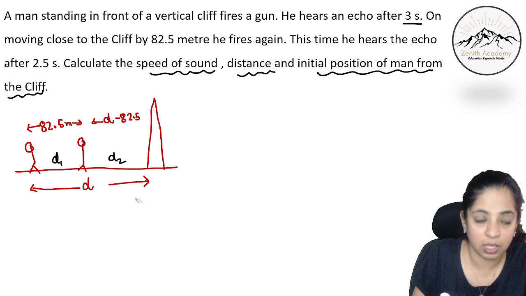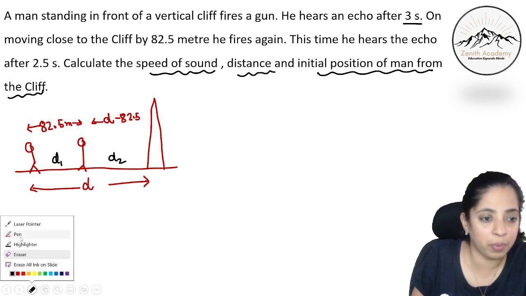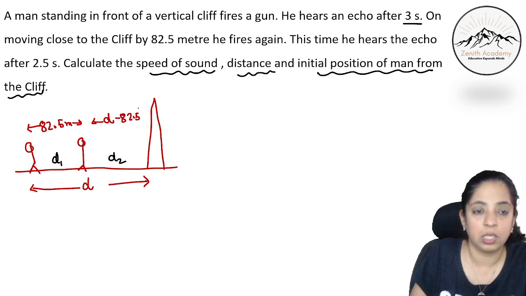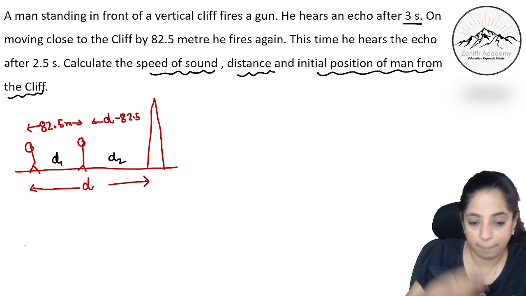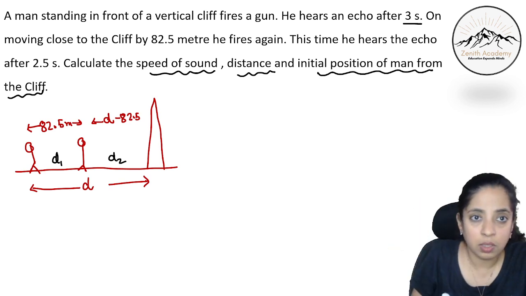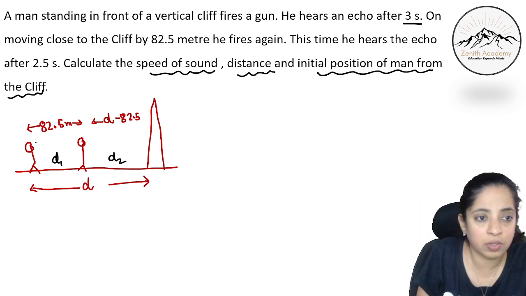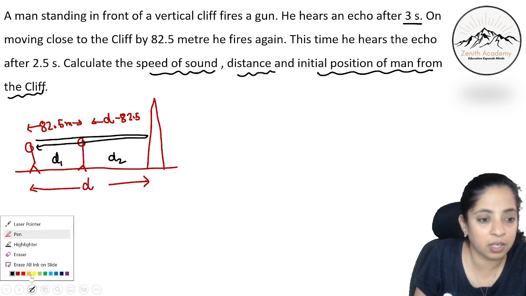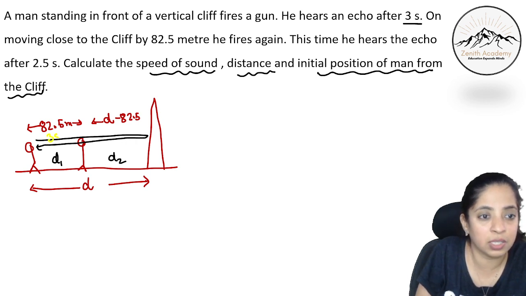Just a second. Have you understood the diagram properly, children? So the first one, he hears an echo after 3 seconds. Let me draw this again. This is 3 seconds. Let me take a different color. 3 seconds.